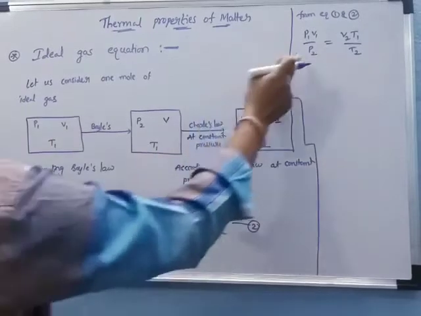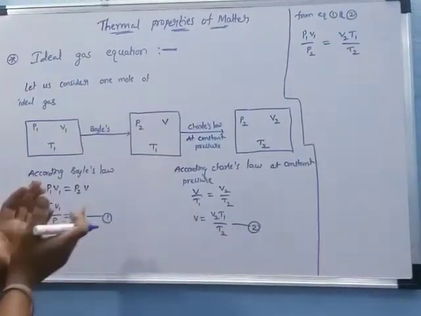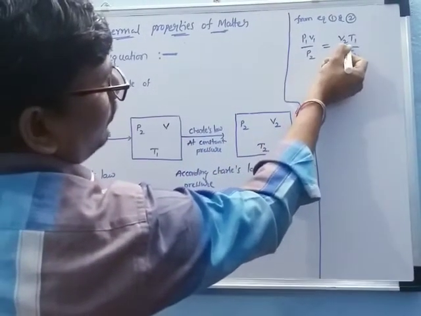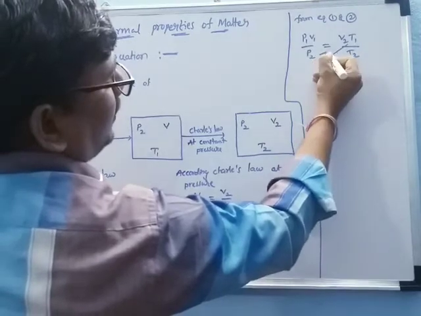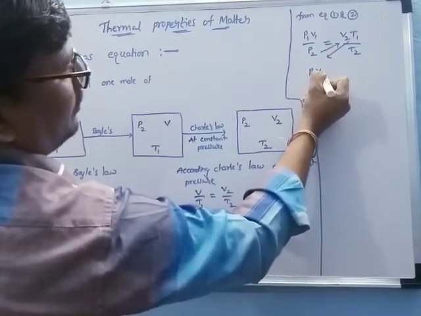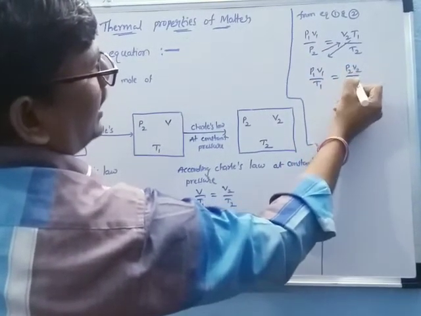Now take the 1s to one side and the 2s to the other side, that is, T1 to this side and P2 to this side. By cross multiplication, we can write P1 V1 by T1 is equal to P2 V2 by T2.